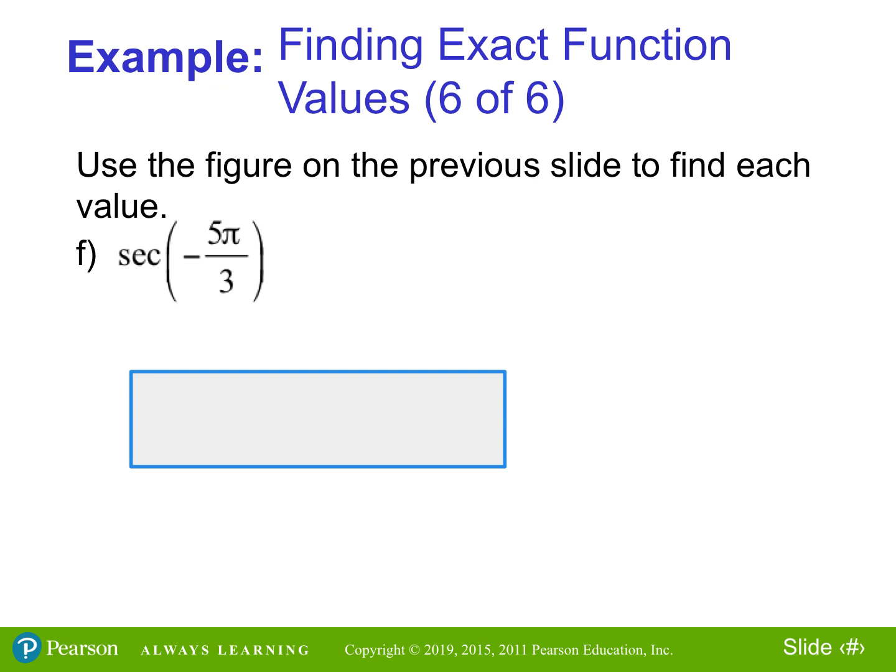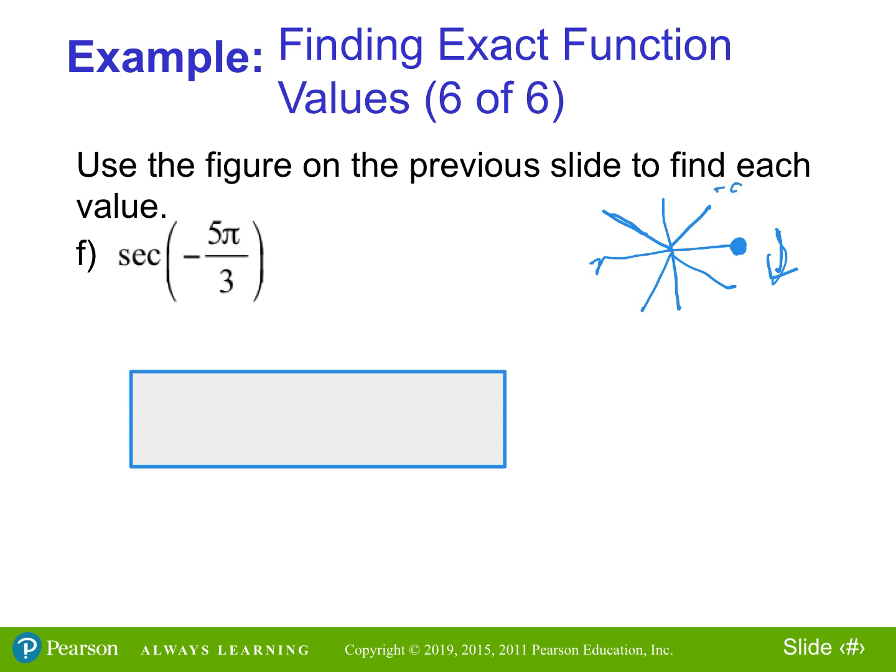And for our final part, we have the secant of a negative 5 pi over 3. So I'm going to sketch this out. I have 1 pi over 3, 2 pi over 3, 3 pi over 3 is at pi, 4 pi over 3 is in the second quadrant, and 5 pi over 3 is in the first, because I'm starting out here at the point 1, 0 and going in the clockwise direction.